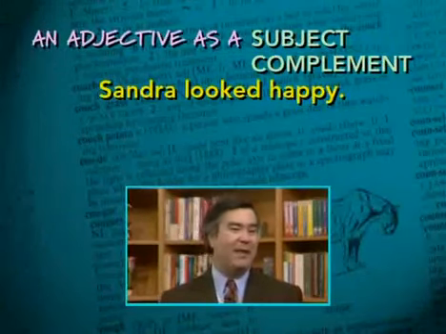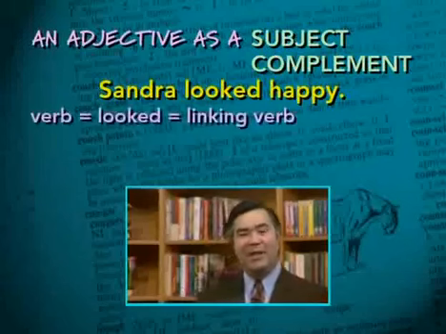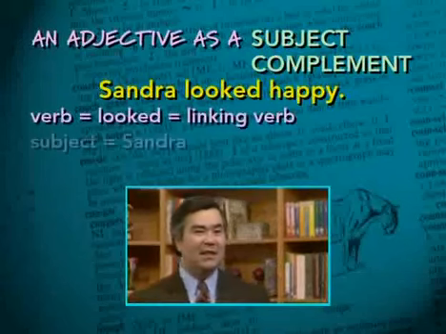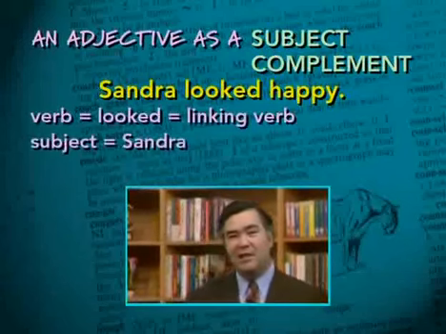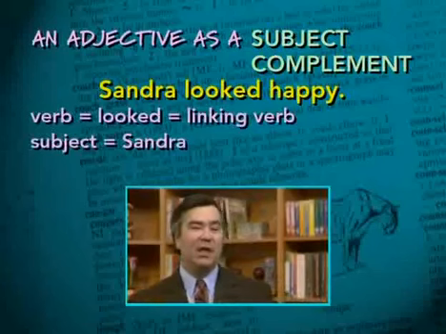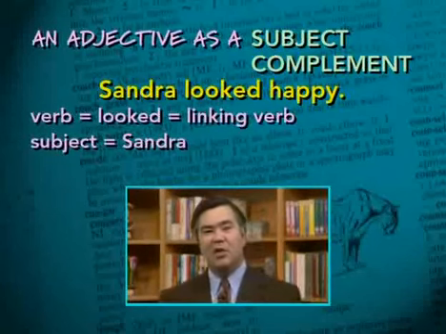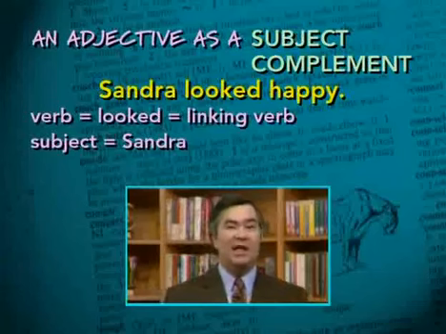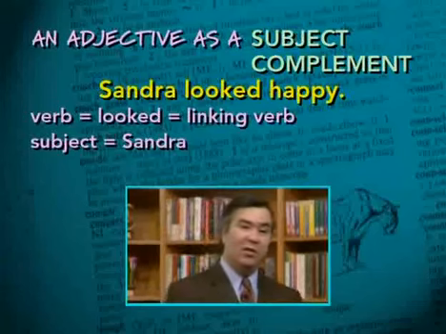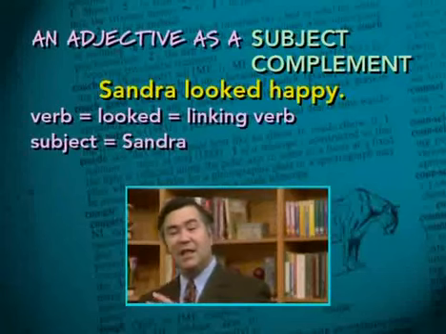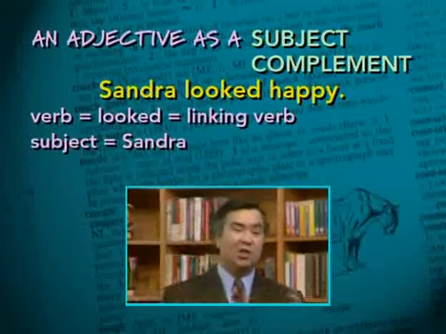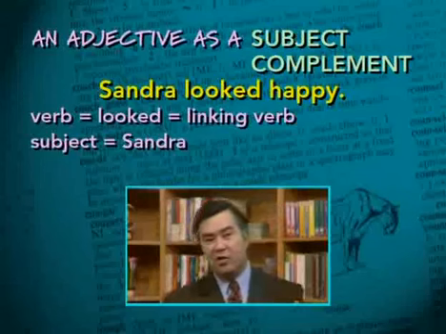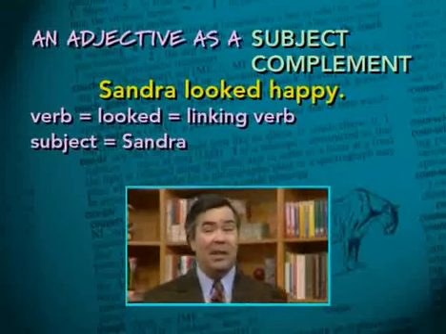Sandra looked happy. Here, the verb is looked. The subject is Sandra, and looked in this case is being used as a linking verb because what follows isn't receiving the action of the verb, but rather it's equating or being equated to the subject. What follows is the adjective happy, which describes, modifies, refers to, or gives more information about the subject.